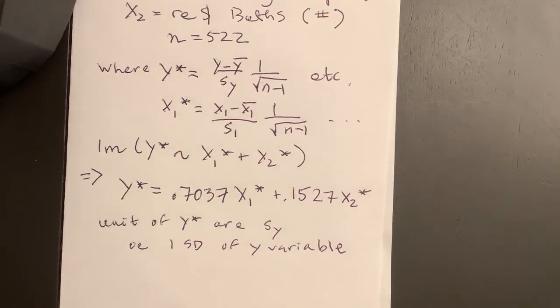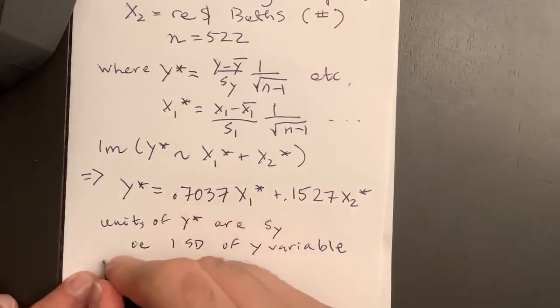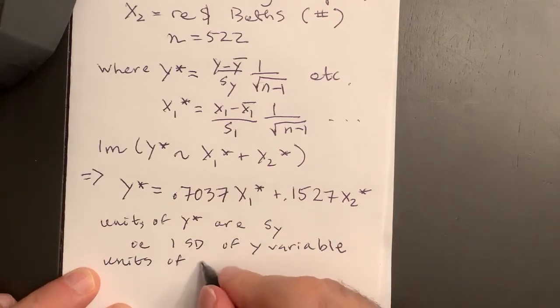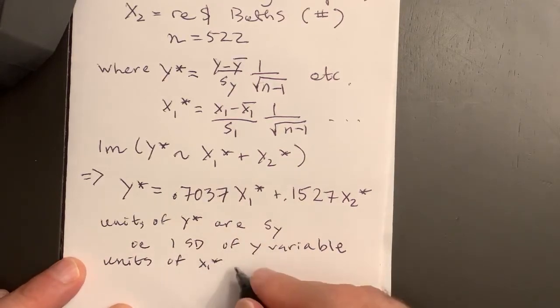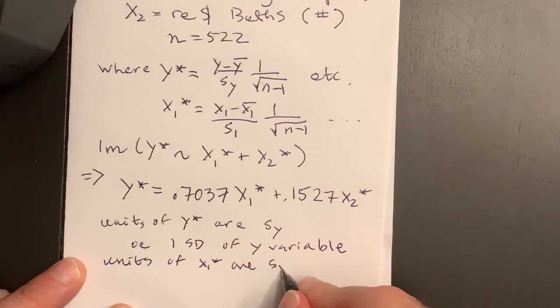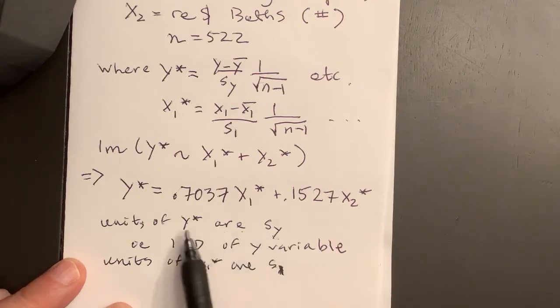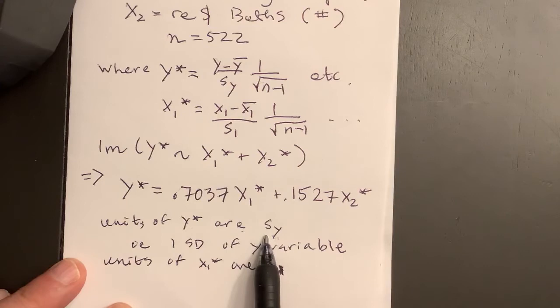Okay, so we're there, and similarly, the units of x1 star are s1, whatever the units are of x1. So this is in units of dollars, right? So the units of y star, I would have to know what sy is.